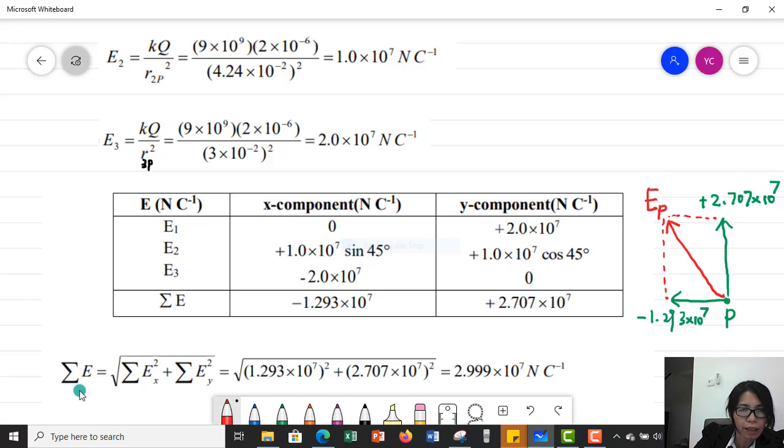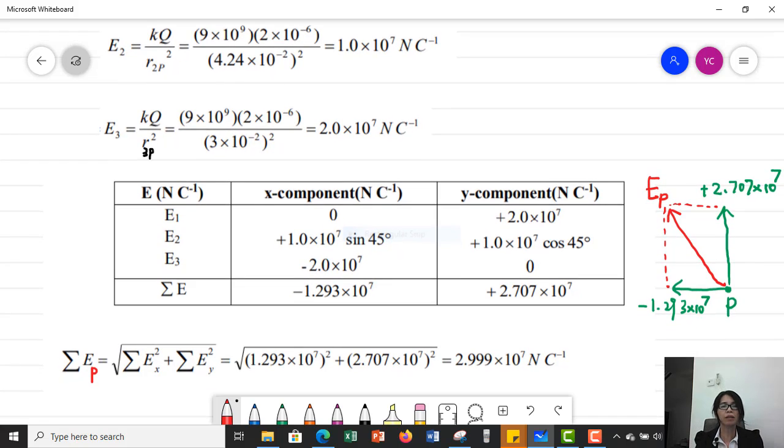The total resultant electric field at point P will equal the square root of the summation of component X squared plus the summation of component Y squared. Okay, so we find the magnitude, we will get 2.999 to the power of 7 Newton per Coulomb.